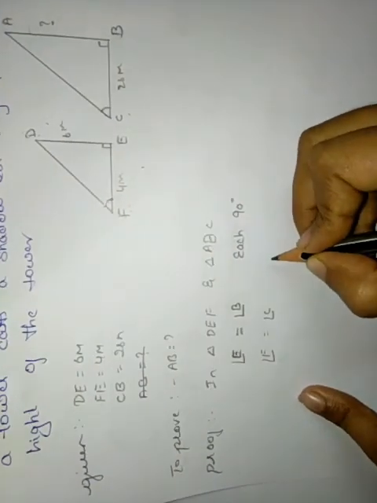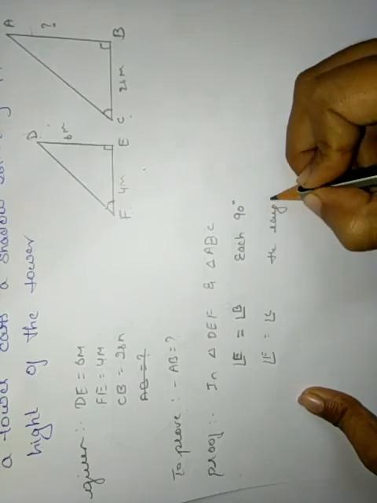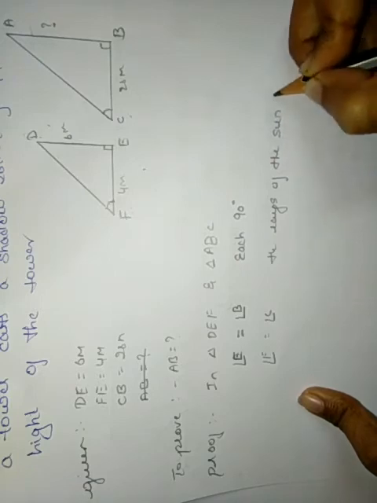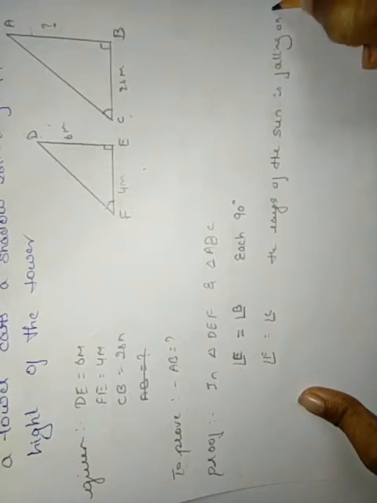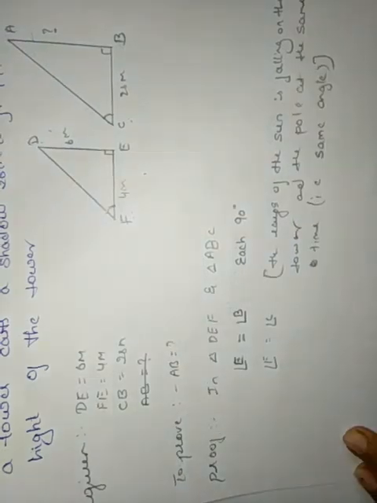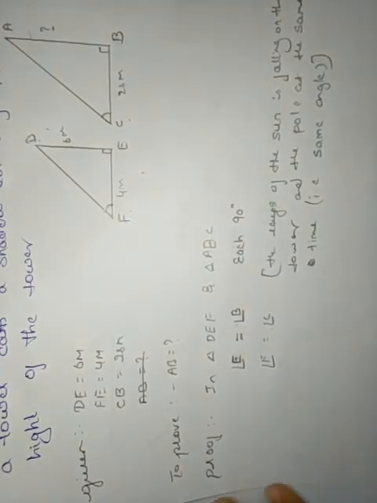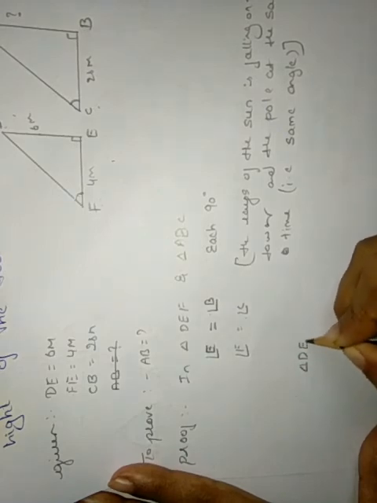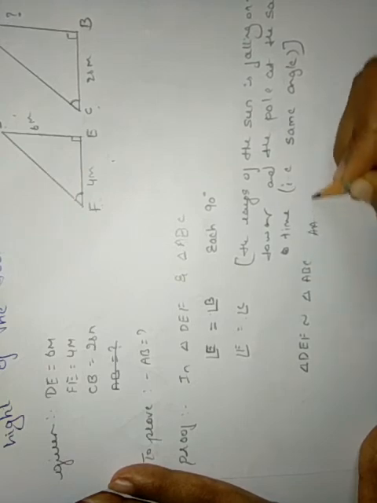So we'll give the reason here: the rays of the sun are falling on the tower, right? So now we got two corresponding angles that are the same here. So we can say that triangle DEF is similar to triangle ABC by angle similarity.